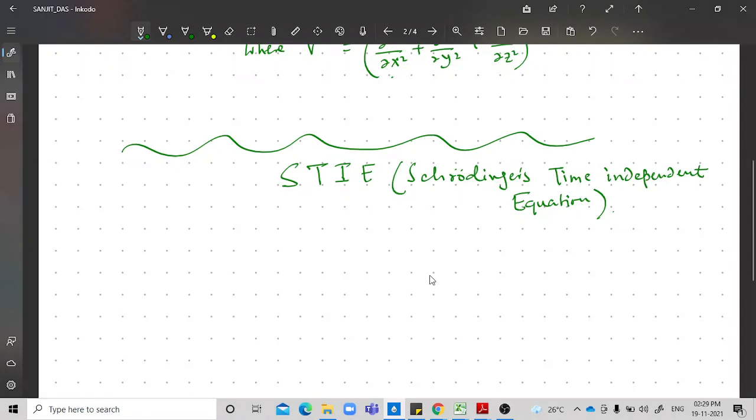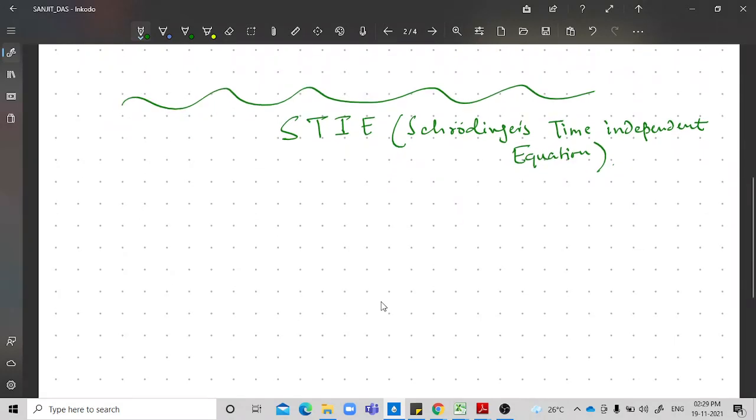Our technique, what we are going to follow, is as follows. We will write this capital psi as small psi times, let's say, phi. I'll take phi of t. What is the meaning of that?